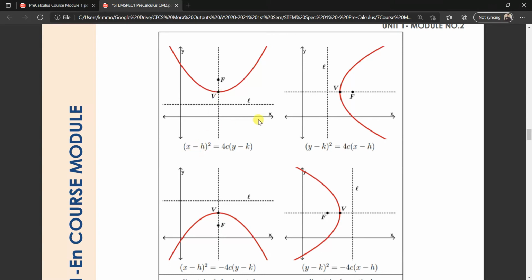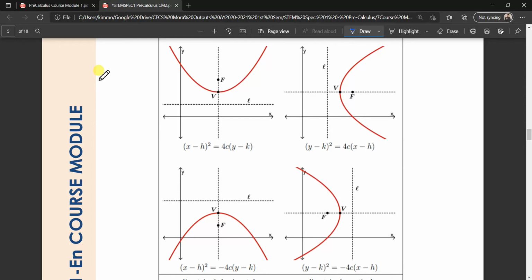So instead of our standard equation having x squared equal to 4cy, since we have coordinates for our vertex, we write it as (x minus h) squared, where h is the x coordinate of our vertex, equal to 4c times (y minus k), where k is the y coordinate of our vertex. So we have h here and k.